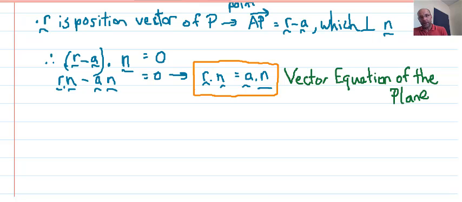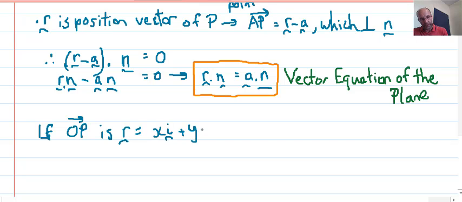Now, not just vector equations, we're going to chase the Cartesian equation now. If we represent the line OP, the position vector of P, which we called r before, in a general sense in Cartesian form, we'd get xi plus yj plus zk. We'll note that.